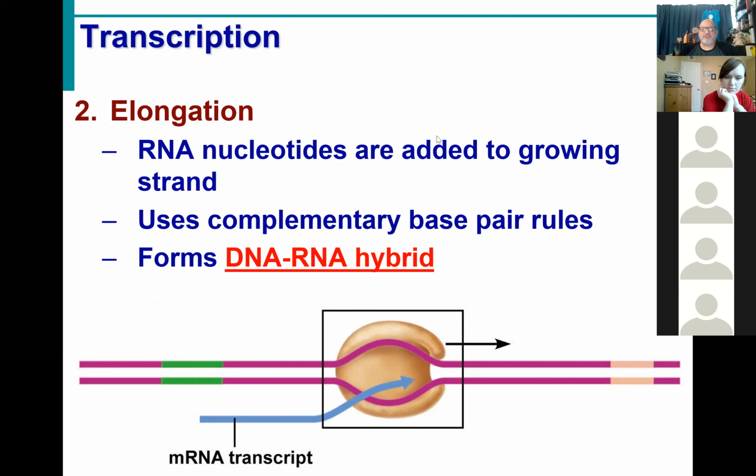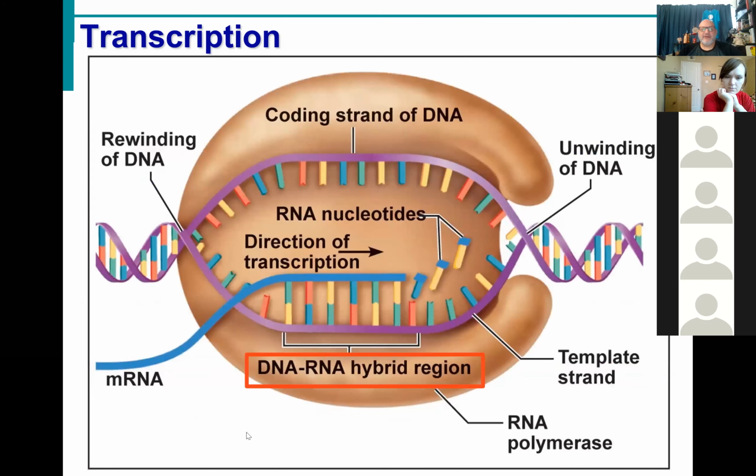So again, this is a simple illustration. Let's look at the pretty picture from your textbook. Here is that globular RNA polymerase. Notice here is where we're unwinding the DNA. Here is where we're putting the DNA back together. And here, using our complementary base pair rules, we are adding RNA that matches the DNA.